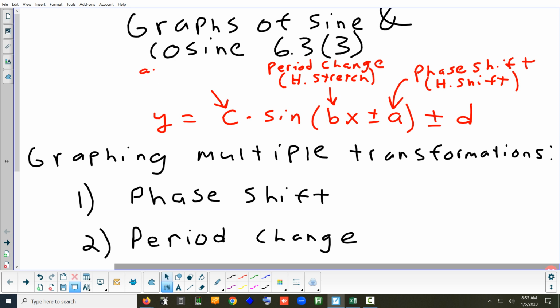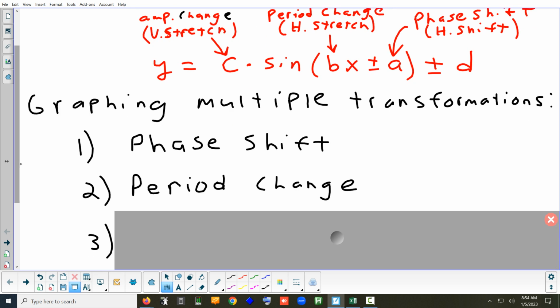I'll put that up here. And if we describe that using the type of language we've used before, changing the amplitude is really a vertical stretch.